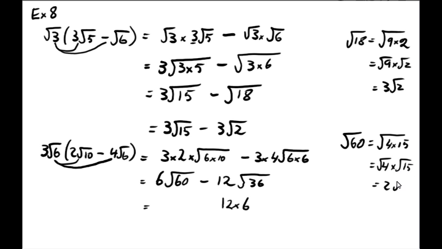So 2 root 15. Just tidying it up, 6 times 2 is 12, square root 15, 12 times 6 is 72.